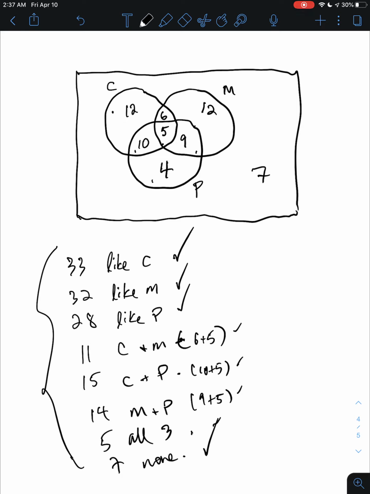Let's just work our way from the bottom up. 7 and 4 is 11. And 9 is 20, 30, 35, 41, and 12 is 53, and another 12 is 65. 65 students took part in the survey.